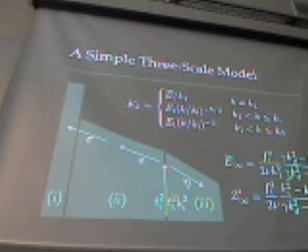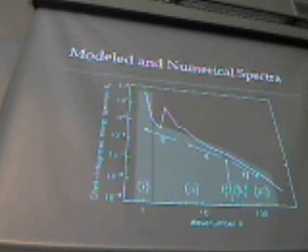Now, if we use these two values to normalize, this is the spectrum that comes from the simulation, and we overplot it with our model. You see our model actually makes some sense. It's not totally off.